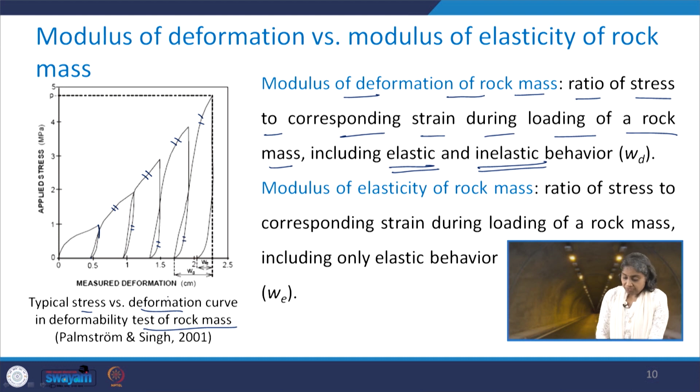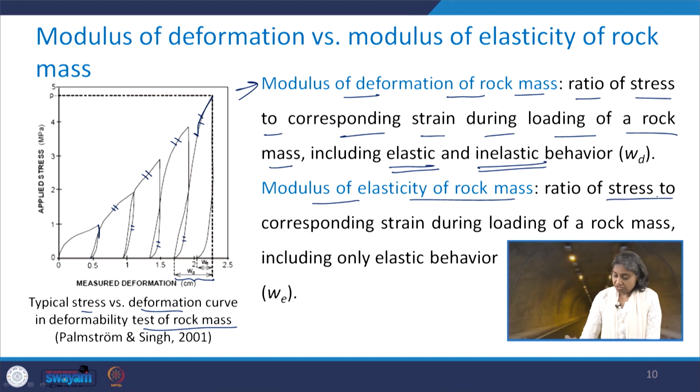So, to find out the modulus of deformation, we have to consider the total deformation, that means including the linear as well as the non-linear portion. But in case of the modulus of elasticity of the rock mass, we have to use the ratio of stress to the corresponding strain during loading of a rock mass, including only the elastic behavior.